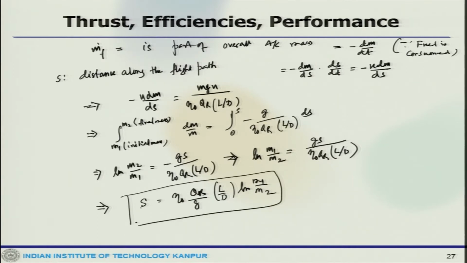This is known as the Breguet range formula.